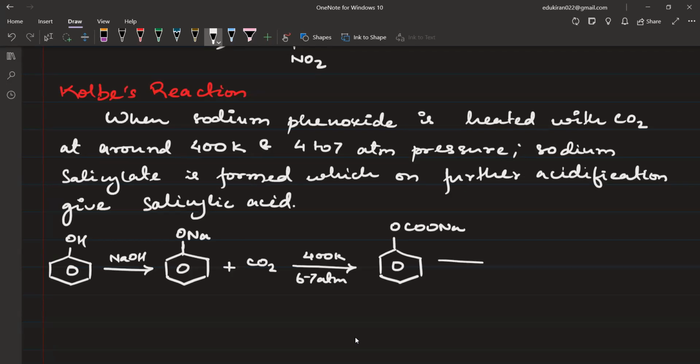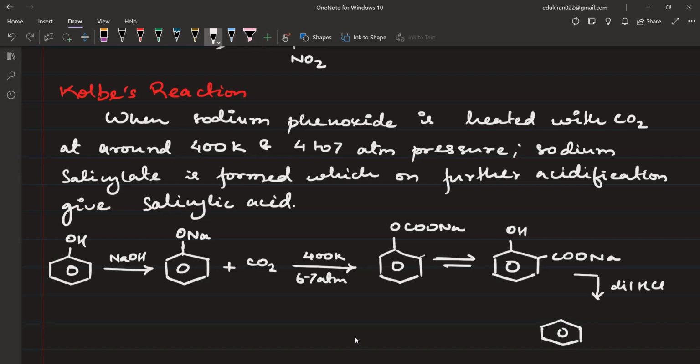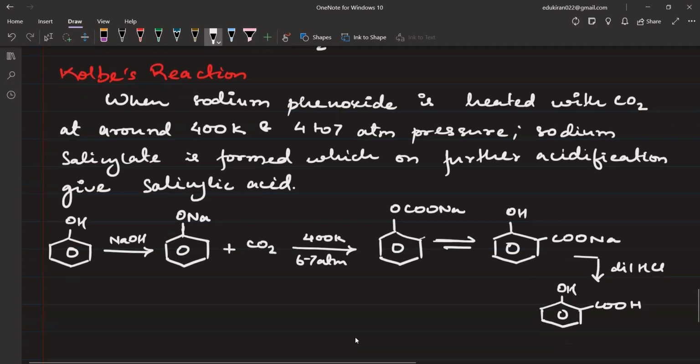Then with a rearrangement, the phenol gets hydrogen from here, and this COONa gets substituted here. Now we just need to add acid, dilute HCl. This Na will be replaced by H. We have OH and COOH.